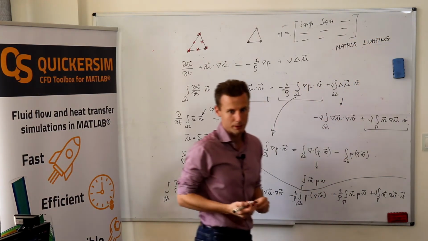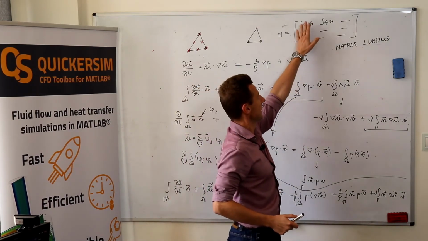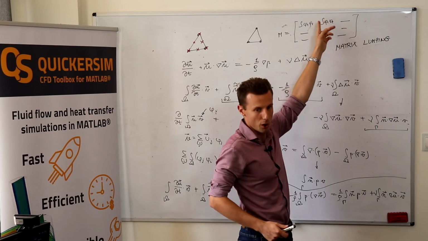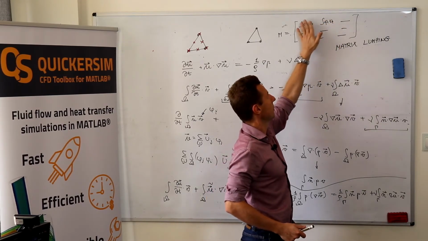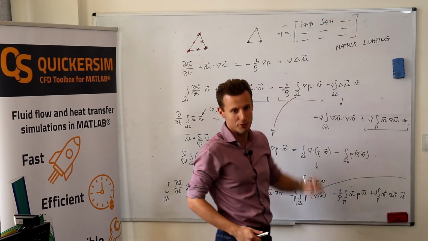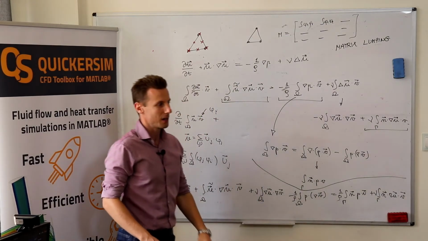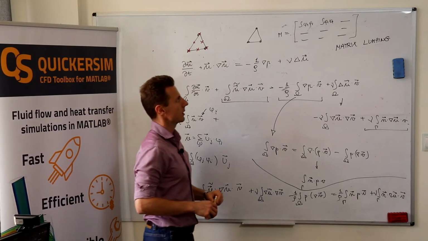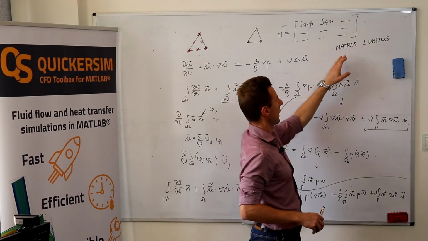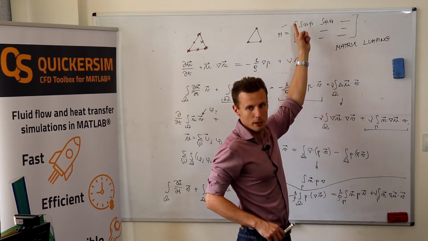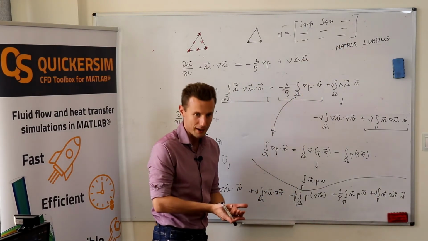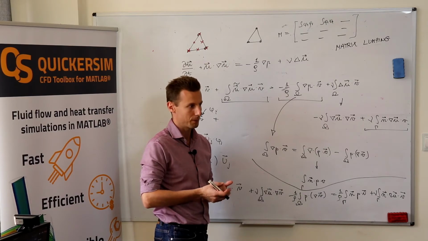Matrix lumping means that you take all the values from the respective row, you add them together, and you put them on the main diagonal. It's an approximation. It's not literally correct, but it generates a diagonal matrix, which means that you can write an explicit formula for something.